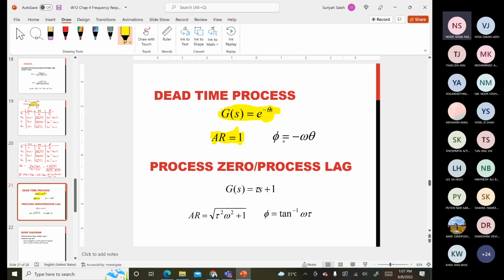And the angle is slightly different. It's no longer the inverse tangent, but you have the negative W theta. So this is the difference where we just change the theta inside our equation.